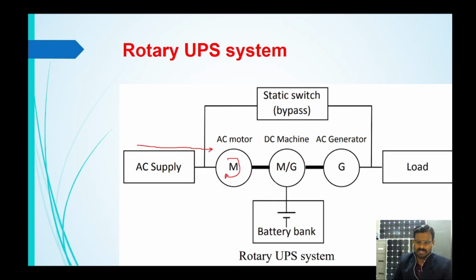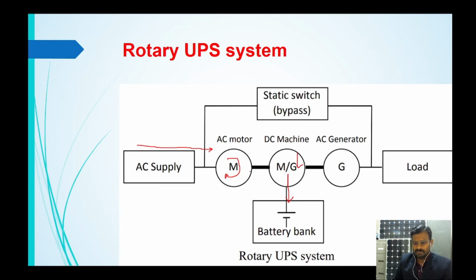When the AC motor is running, the motor generator set here is going to function as a generator, and it is going to produce the voltage which is going to be stored here in the battery.